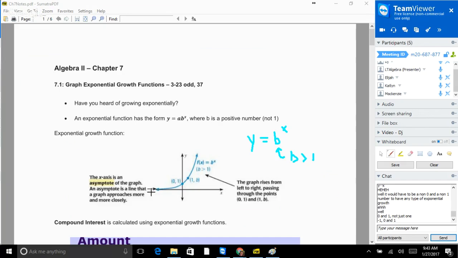It kind of is like your range, right? The range of the growth function is basically y is greater than 0. So the asymptote of this is the x-axis. It's never going to hit below the x-axis when you have a growth or decay function, but it's going to get really, really, really close.